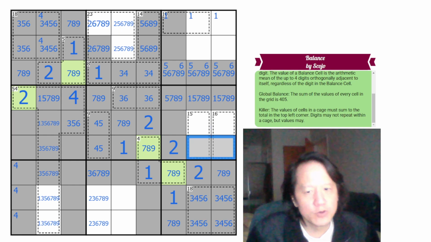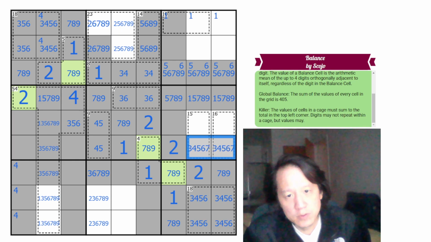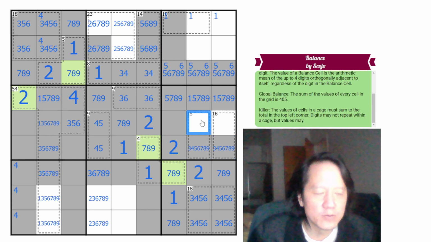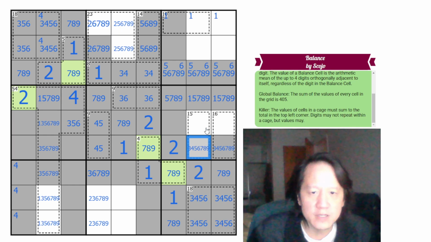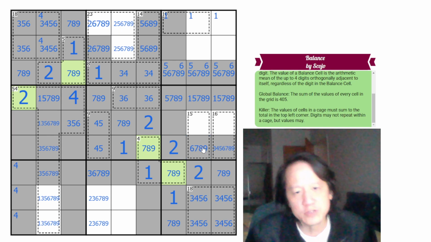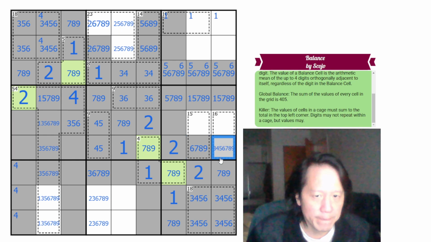This cannot be 1 or 2. The maximum value of a value here would again be 7. So then this would have to be 8 or 9 to compensate. And if this is not a balanced cell, then it would have to be 6, 7, 8, or 9. So that doesn't work. So this would be 6, 7, 8, or 9.